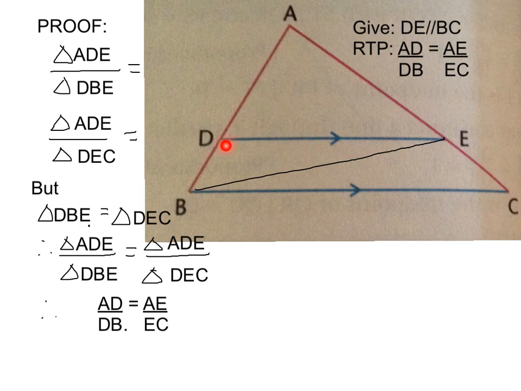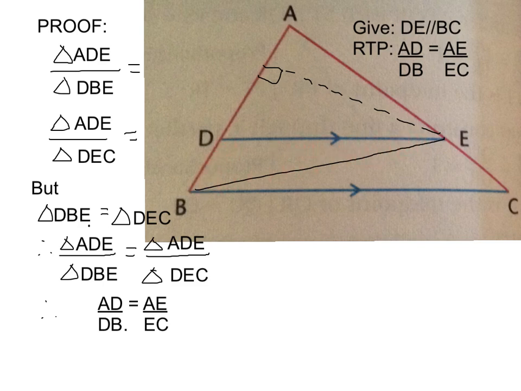So the common vertex is E. And obviously that height that we would have seen for those two triangles would have come in here. Now you don't have to draw that, but it's just in case you need to see it. Then it should make sense to you that we're going to compare the area of that triangle and the area of that triangle.